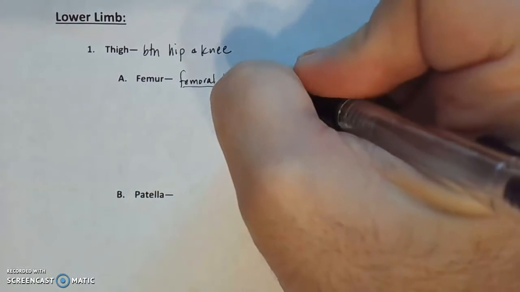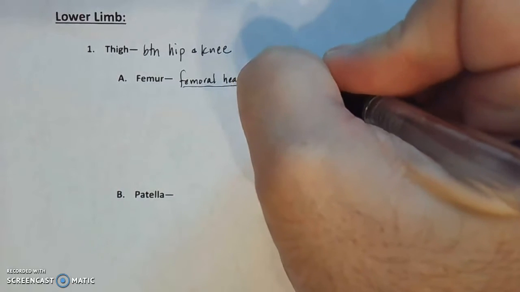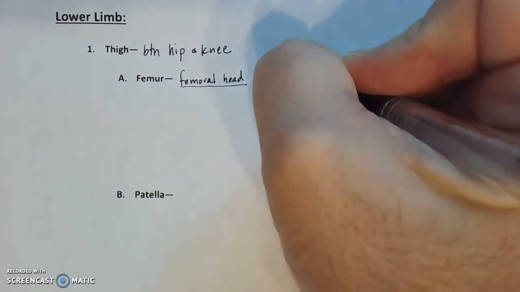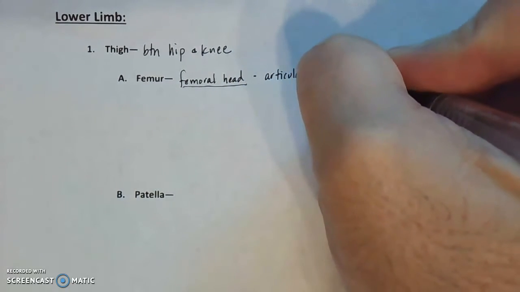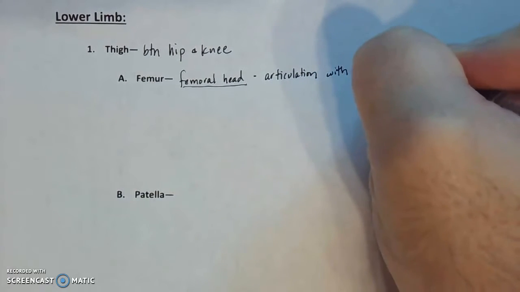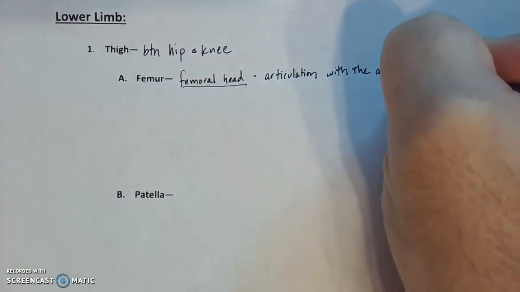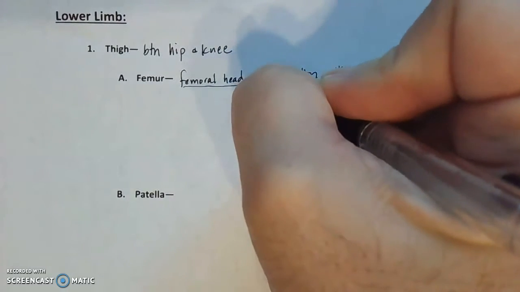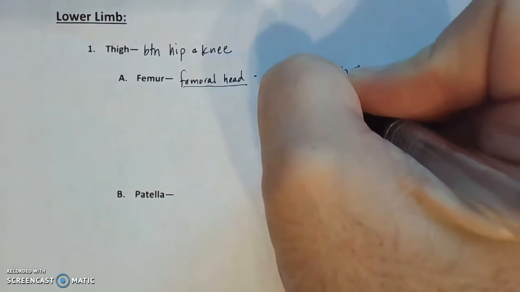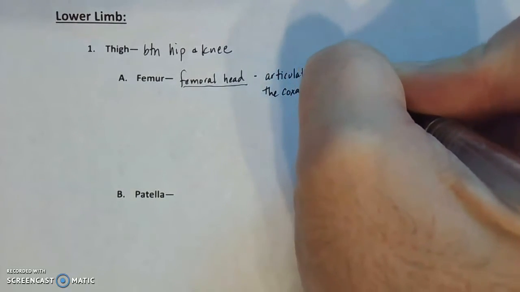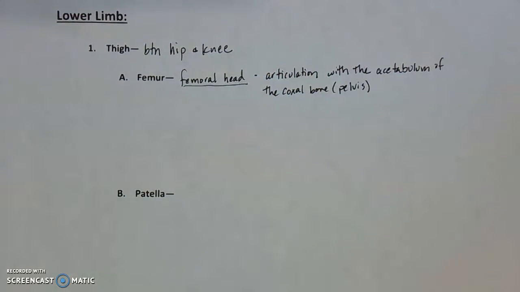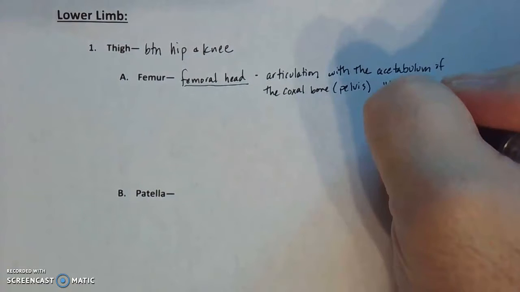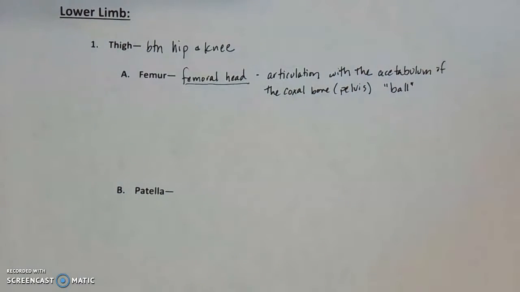And this is the articulation with the acetabulum of the coxal bone, which is part of the pelvis. And this is the ball in the ball and socket joint of the hip.